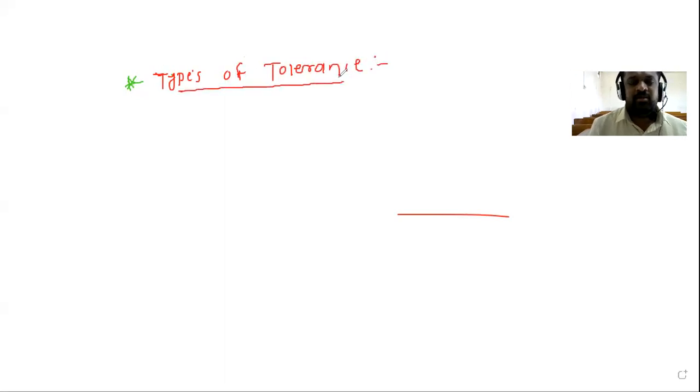Before going to that, first of all we should know what is meant by tolerance. Please tell me, what is meant by the tolerance?